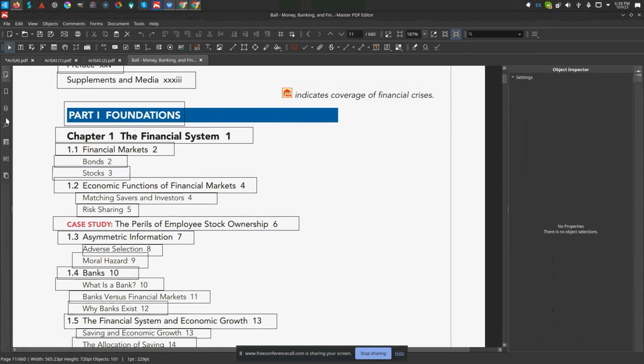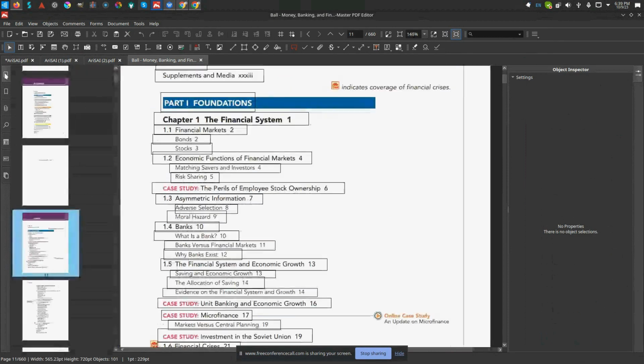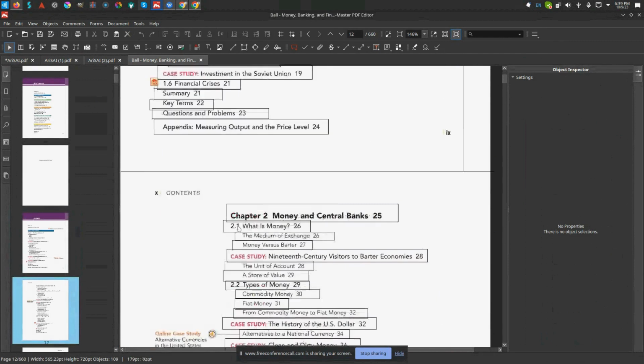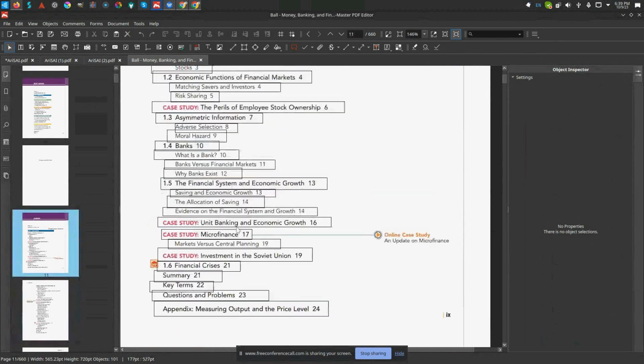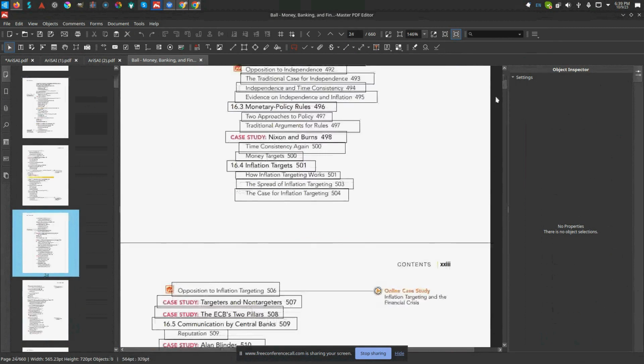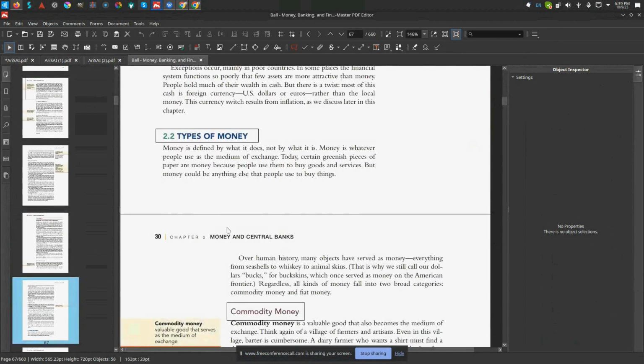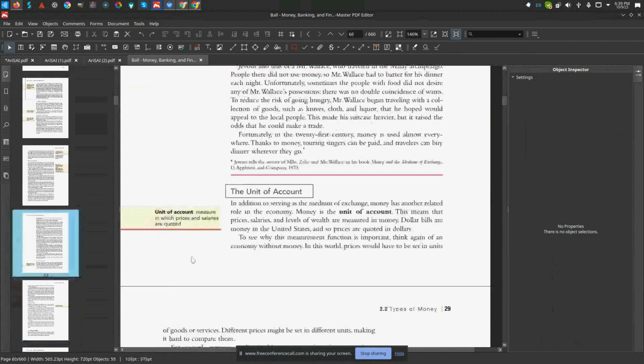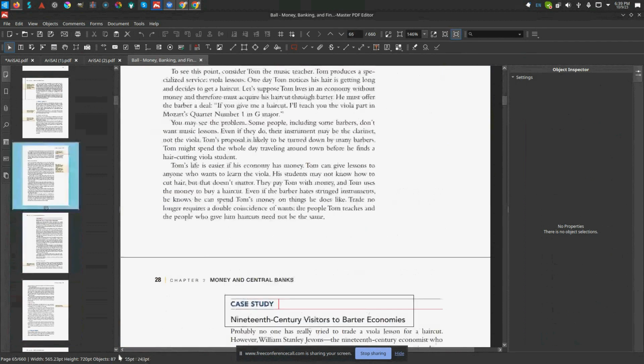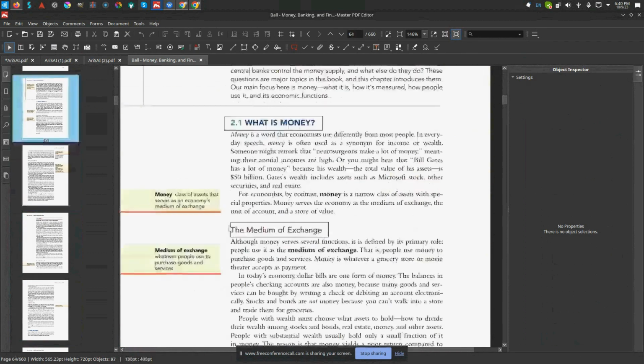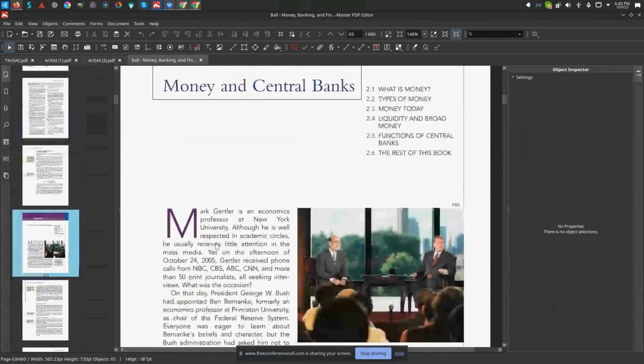All right, so let's go over here, page 7, chapter 1. Okay, here we go, we're in chapter 2, too far. Chapter 1 is what we're looking for. Chapter 1, that's 2-1.